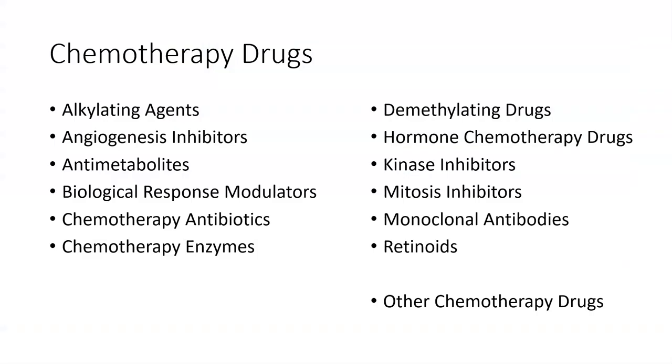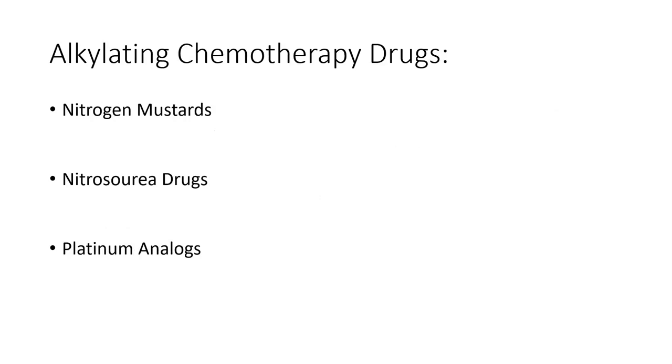So these are the 12 classifications. We're going to go through each of these and talk a little bit more about them. So starting with the alkylating agents. Alkylating agents include nitrogen mustards, nitrosourea drugs, and platinum analogs.